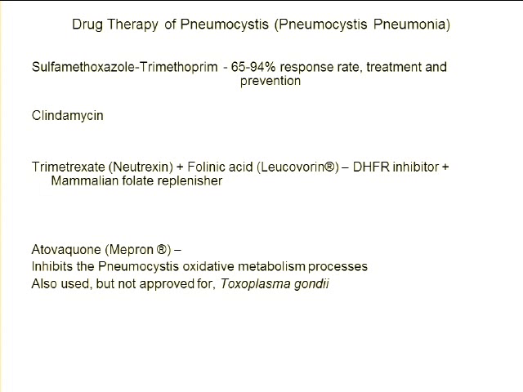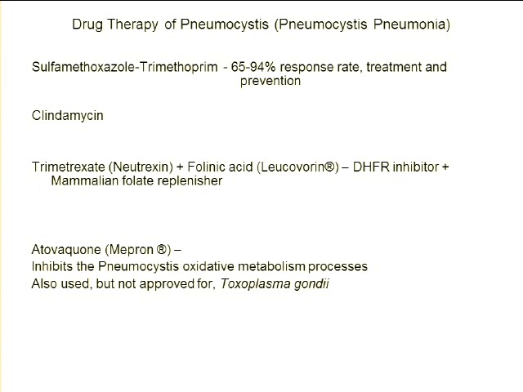Trimetrexate and folinic acid can be used in combination to treat Pneumocystis. Trimetrexate is a dihydrofolate reductase inhibitor. So it's going to do what inside the Pneumocystis jirovecii organism? What's the end result? No folic acid. The end result is DNA can't be replicated, right?